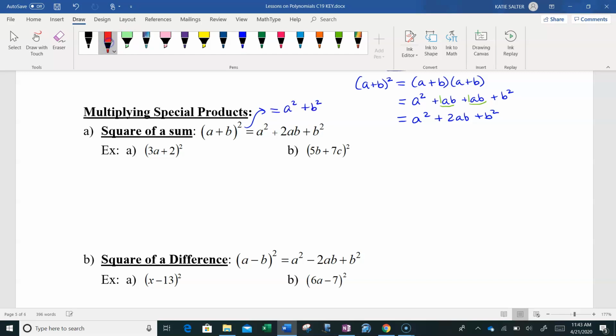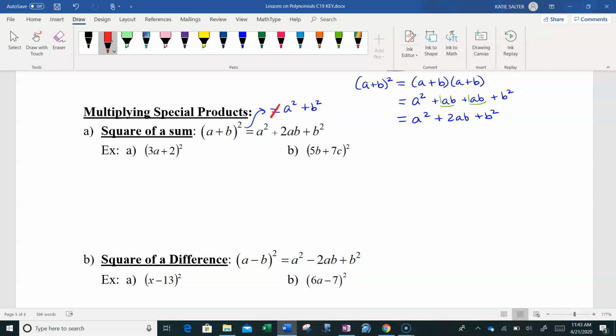And that is wrong. If you distribute the square, you only do two multiplications. And when we multiply a binomial times a binomial, there's 4 multiplications that have to take place. So all those exponent rules that we learned at the beginning of Unit 4 were for only monomials.